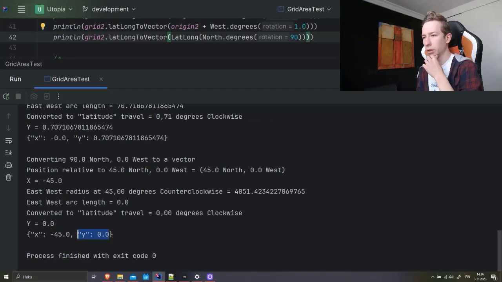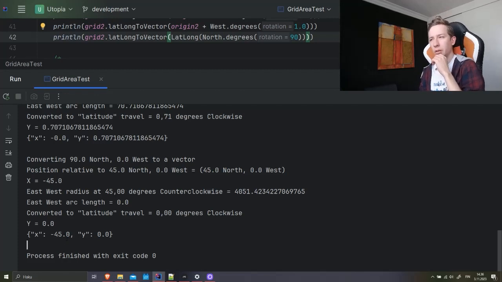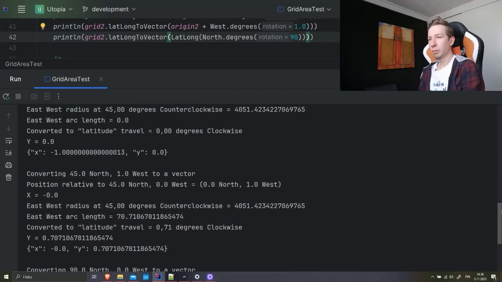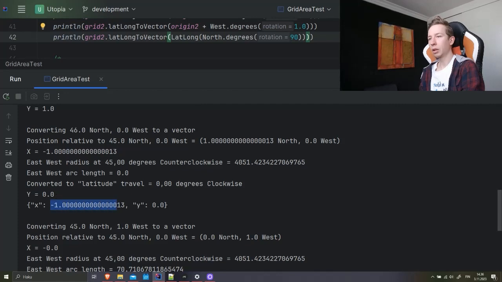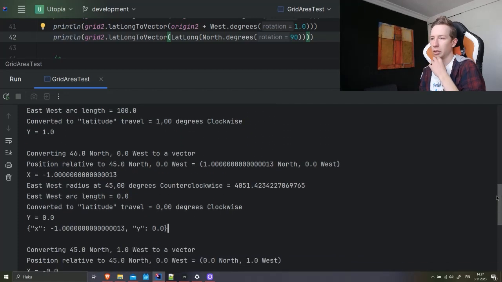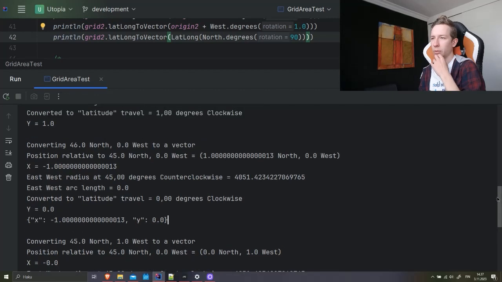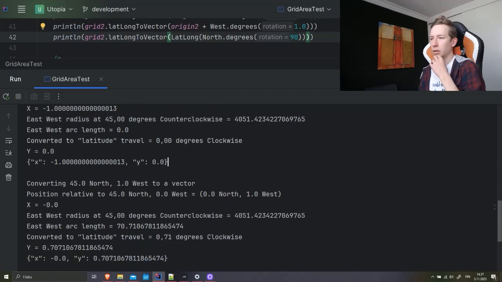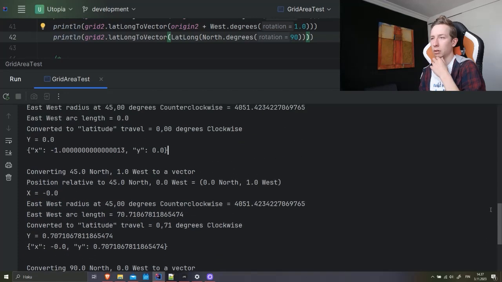Travel by 45. Well, that is 45 degrees travel, but shouldn't be in hundreds. Actually, the current thing makes sense. 1 degree equals 1 unit. I'm just a bit worried whether we're gonna get some large rounding errors if we use such small values.